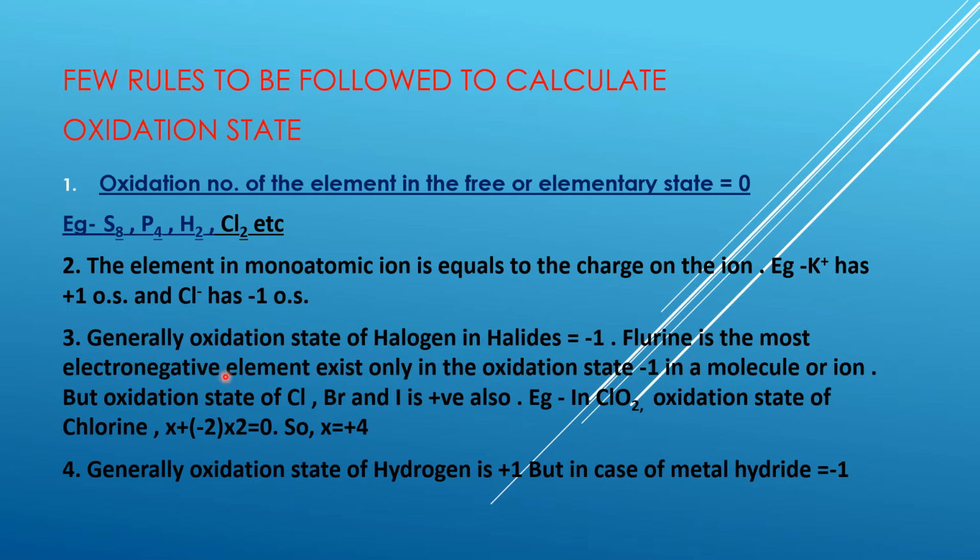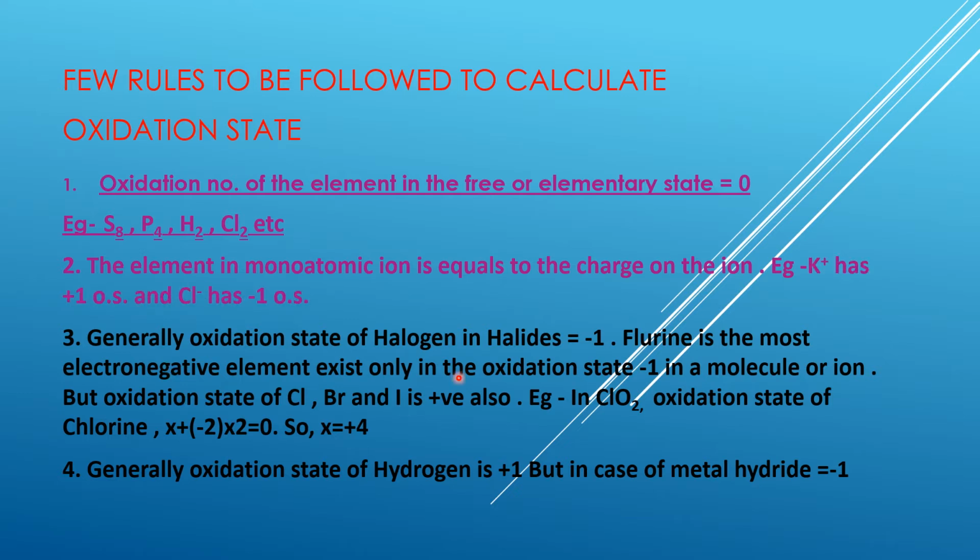Now if we are taking halides, generally the oxidation state of halogen in halides is -1. But except fluorine, as we know, fluorine is the most electronegative element.